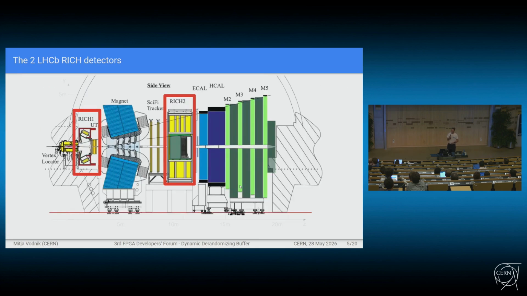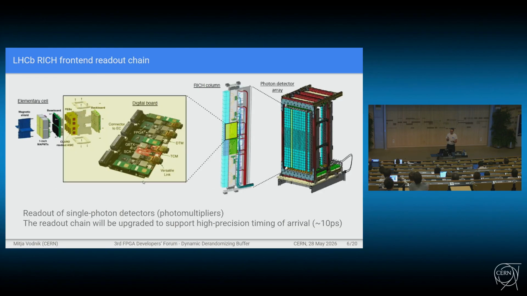So my specific problem is the readout of these two detectors, the RICH 1 and RICH 2 detectors, each requiring hundreds of readout ASICs to read out from single photon detectors. The main part of the data acquisition of the RICH detector is the single photon detector, or a photomultiplier.